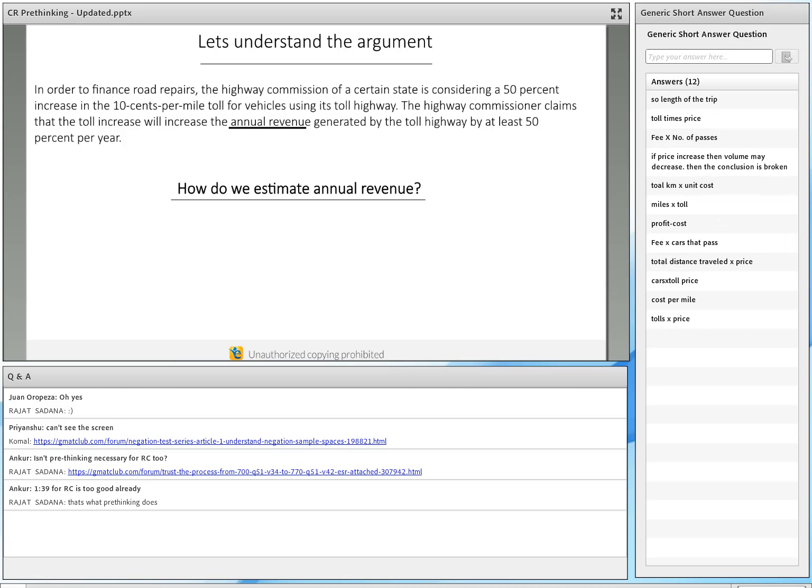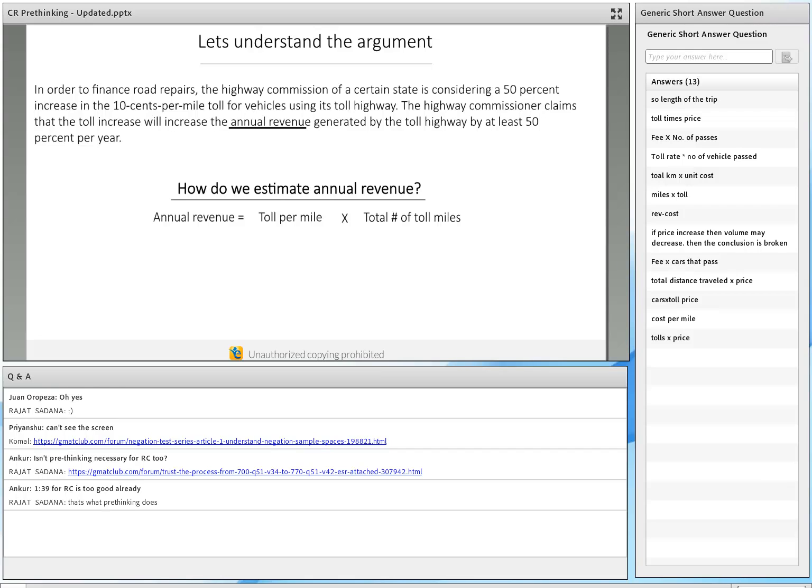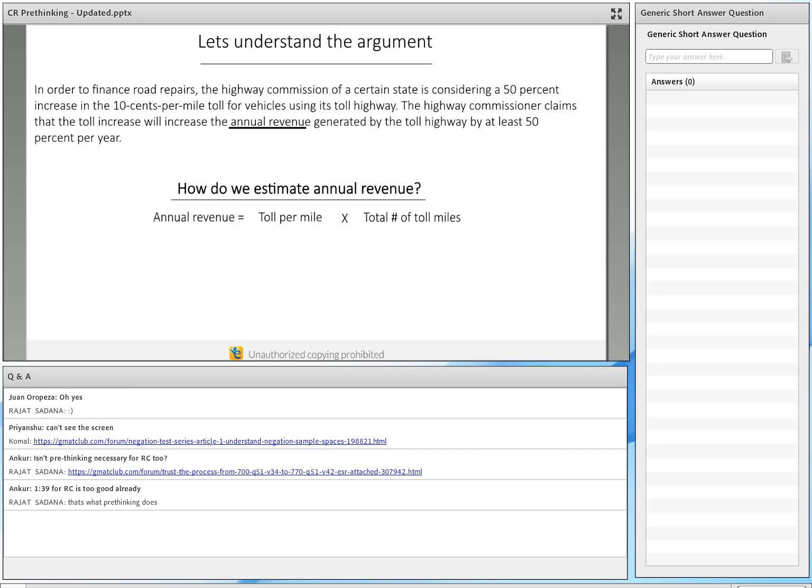I have never heard the term profit minus cost. I've heard revenue minus cost as profit, but profit minus cost is a term that I've not heard. But yes, miles multiplied by tolls per mile. Annual revenue is toll per mile multiplied by the total number of toll miles. Is that clear for everyone?